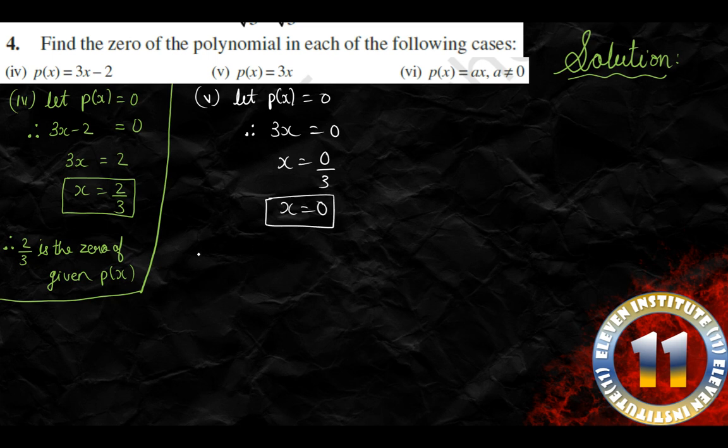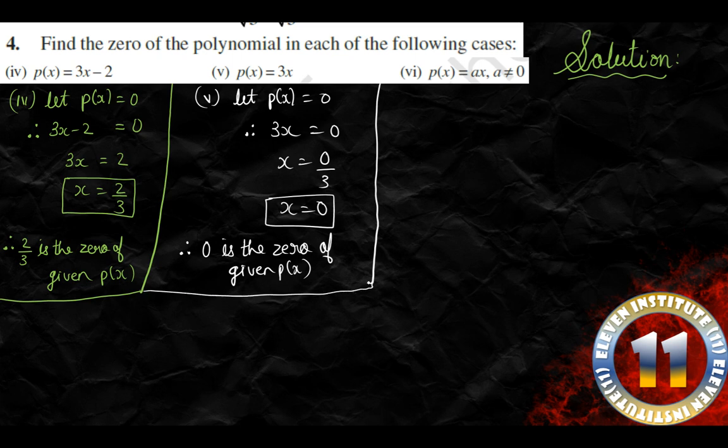So we get the answer of x is equal to 0. So we can write therefore 0 is the zero of the given polynomial with variable x. Fine. Let us now check the sixth one.